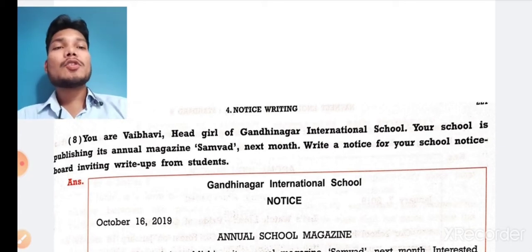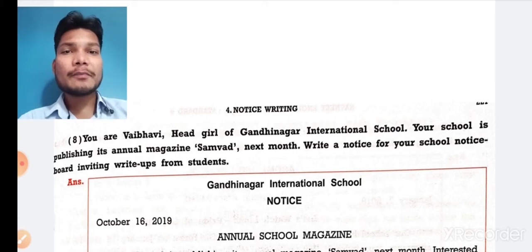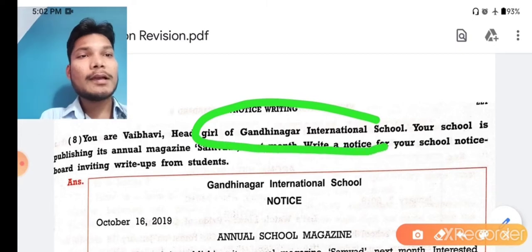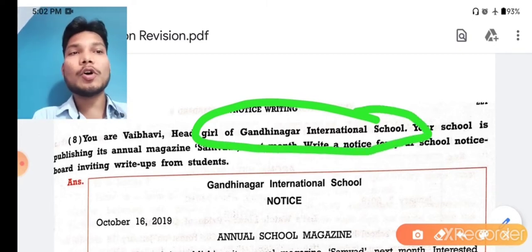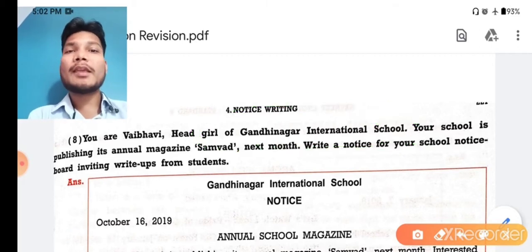So in this question, as you can see here, the name of the school is already given to you, and that is Gandhinagar International School. So your school address is Gandhinagar International School. At the same time, the purpose for which you are writing has also been given here.